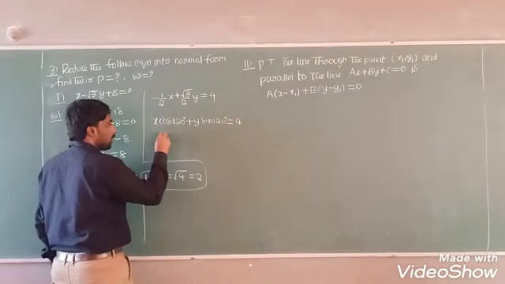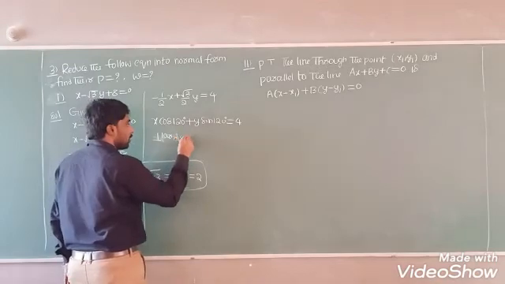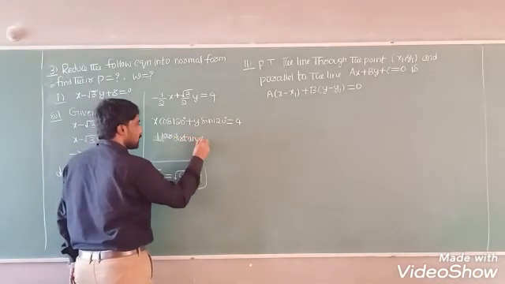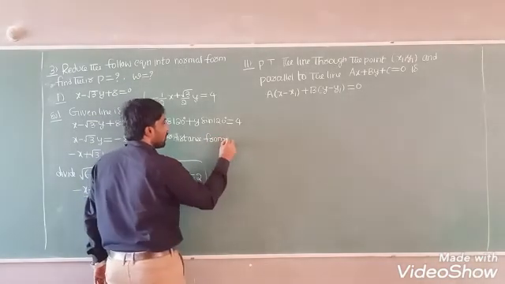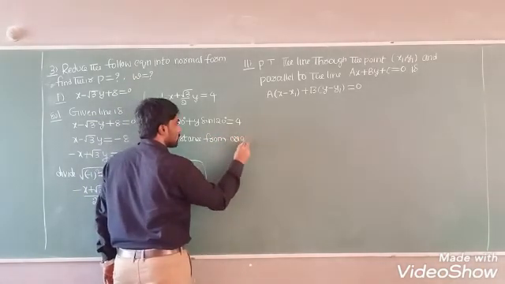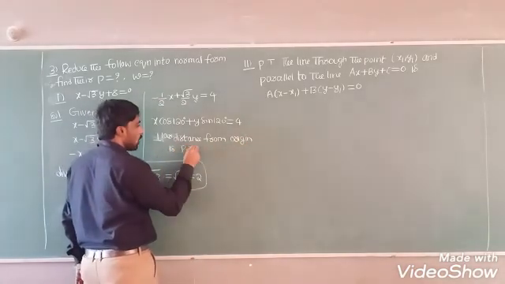Here the perpendicular distance from origin to the line is p equal to 4.